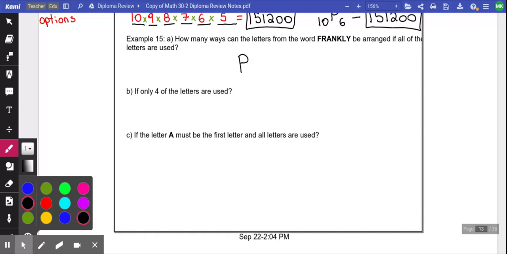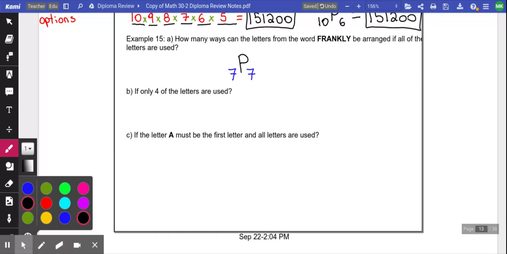The first number is the number of things I'm choosing from, the number of options available. For this question, there's 1, 2, 3, 4, 5, 6, 7 letters in frankly. So the first number would be 7 because there's 7 letters I get to permutate, and I'm using all the letters. So it would be 7 permutate 7.